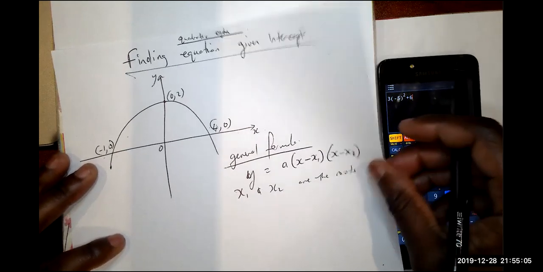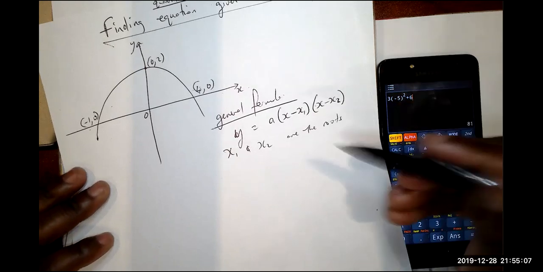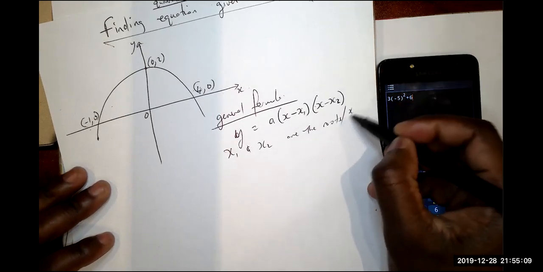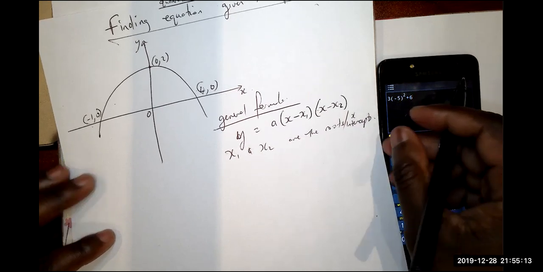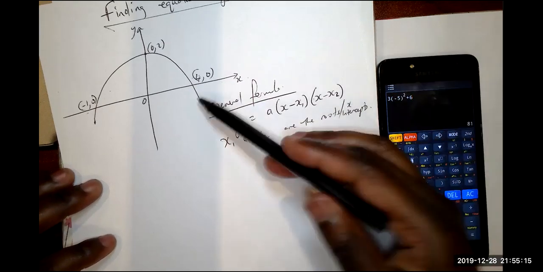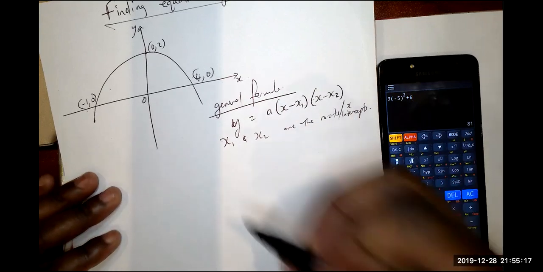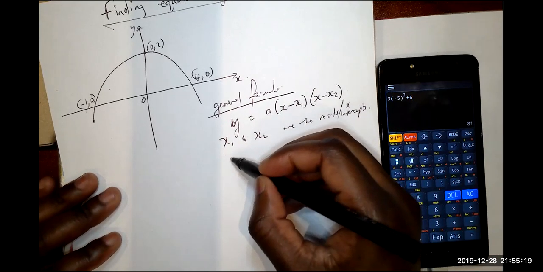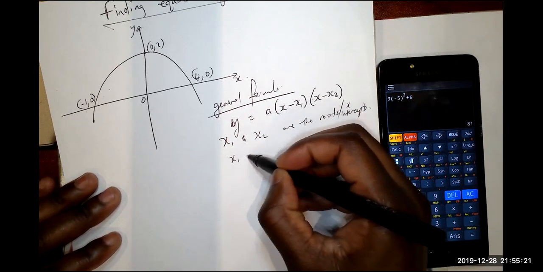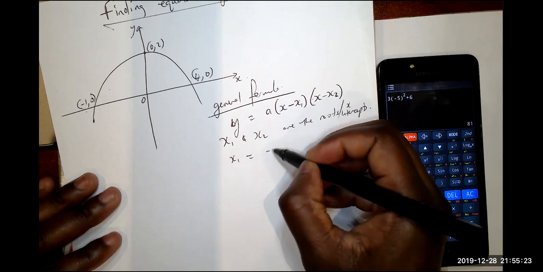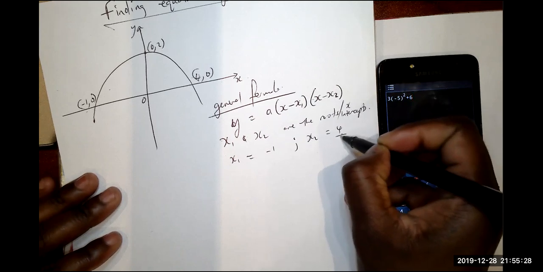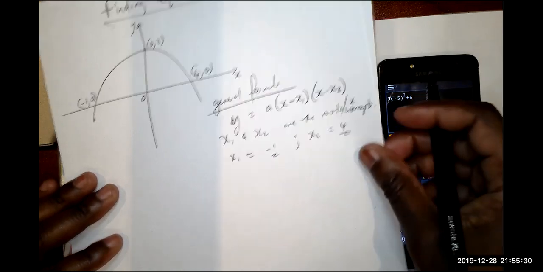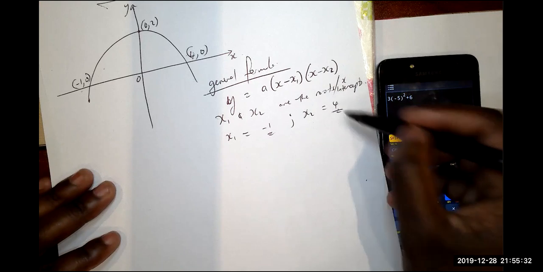These are the x-intercepts. That's what we have here. In this graph, x1 is going to be equal to -1, and x2 is going to be equal to 4. So x is either equal to -1 or equal to 4.